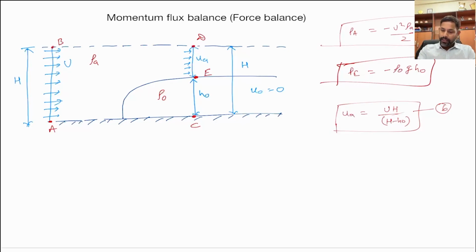Okay, and now we are going to derive force balance for sections AB versus CD.